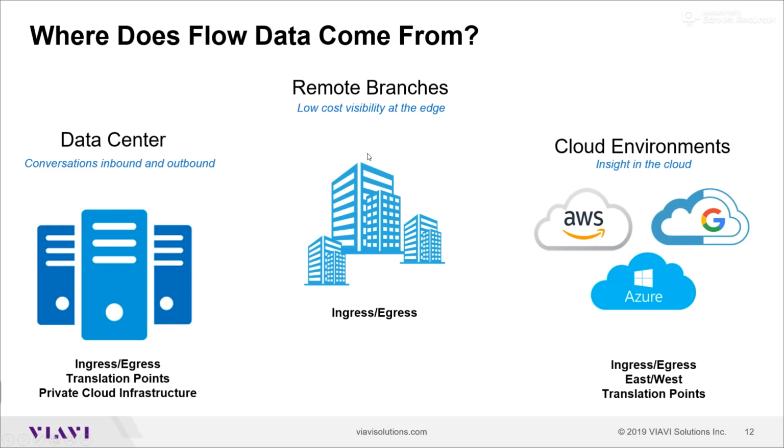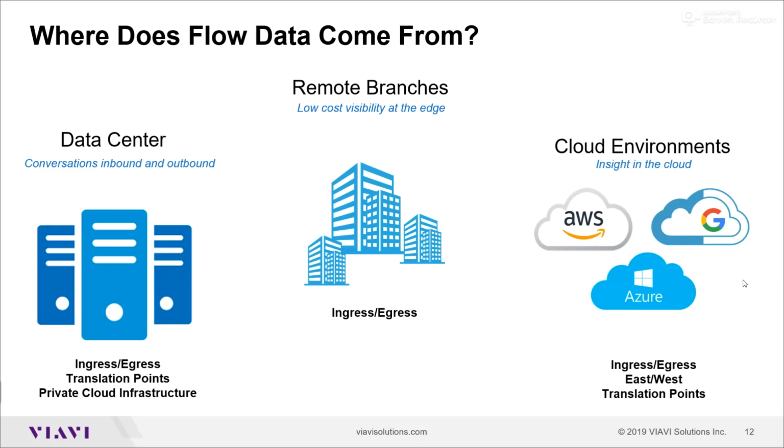But in traditional campus-based environments, the edge of the network is your remote offices. That's where you see a lot of flow information being sourced: from the edge, as close as you can get to the actual consumers of the technology. That's one of the big advantages of flow. It casts such a wide net out to the very edges of your infrastructure.